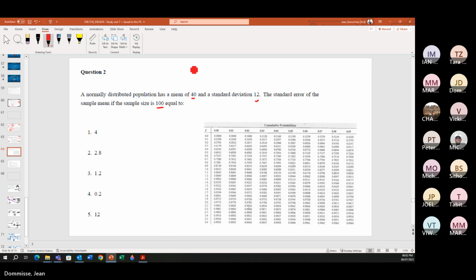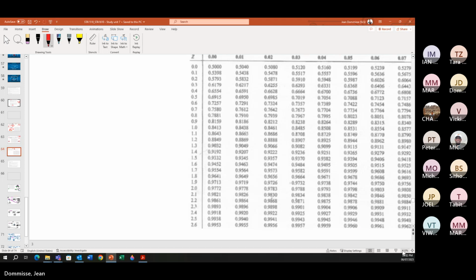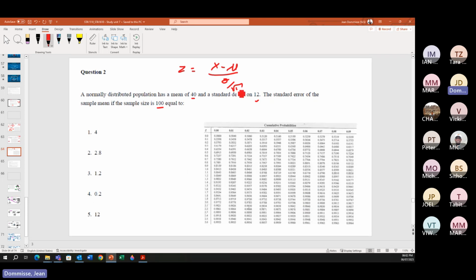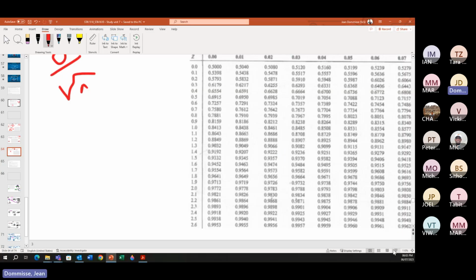We have a formula to calculate the Z, but just remember, we are calculating the standard error. The standard error is only this portion here.